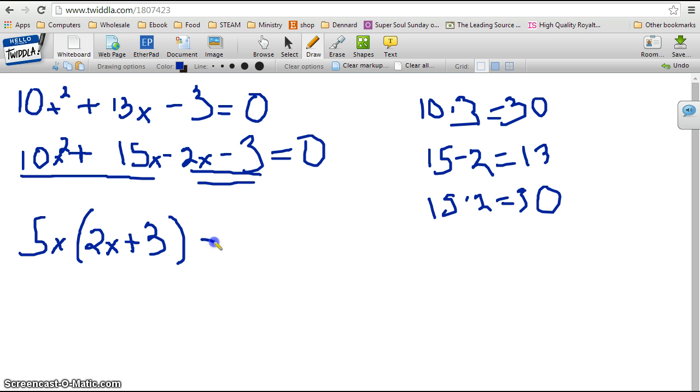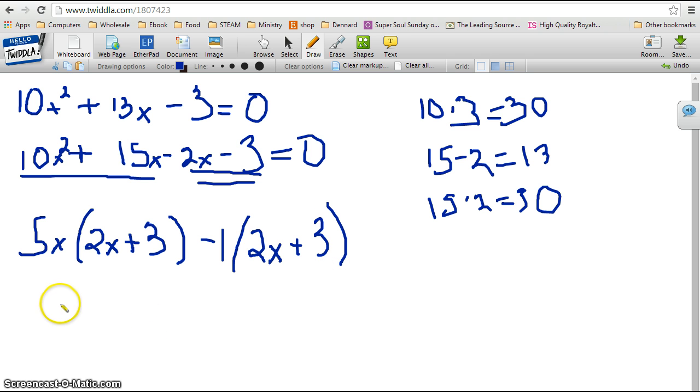I know it's going to be a minus 1. So minus 1 goes into minus 2 how many times? Twice. Make sure you bring down the x. And minus 1 goes into minus 3 how many times? It goes in there 3.